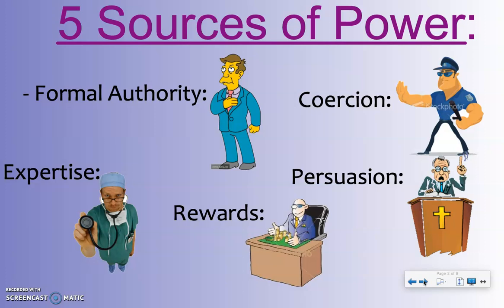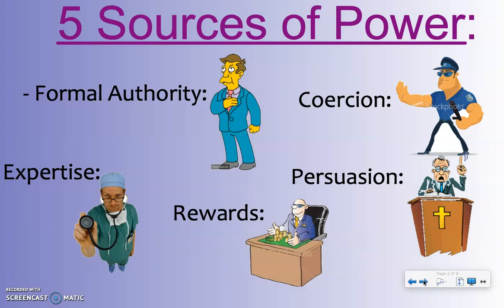There's a great diagram in your book on page 4 that you can reference that looks at the 5 sources of power that could be exercised by people in a variety of different roles. You will need to know these 5 sources of power for your first exam. So it's important that you pay attention to them, that you know all 5, and that you know some examples.